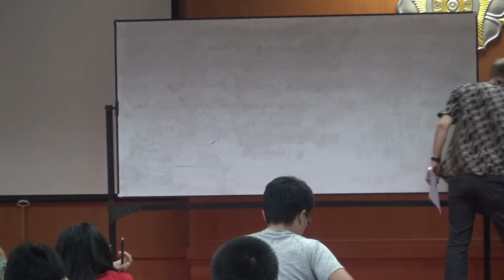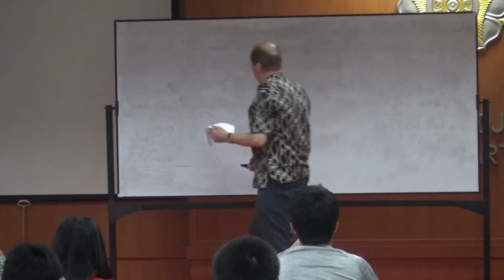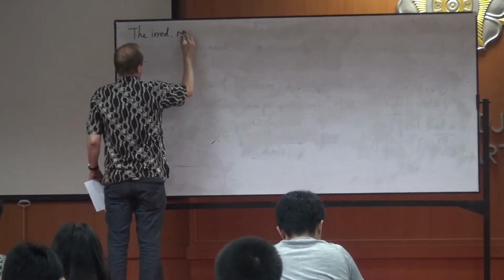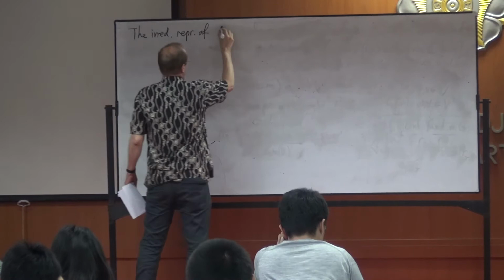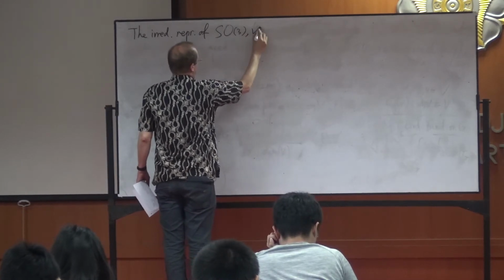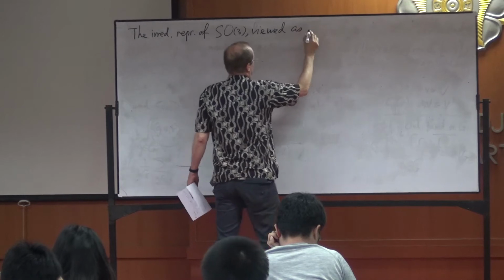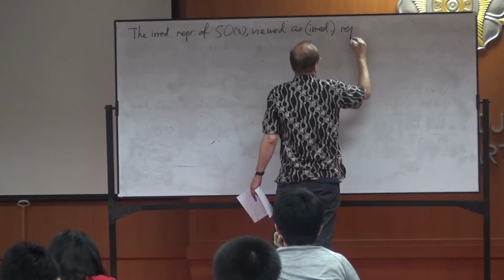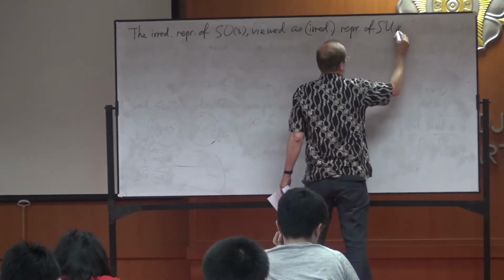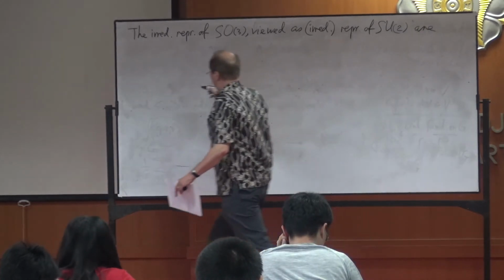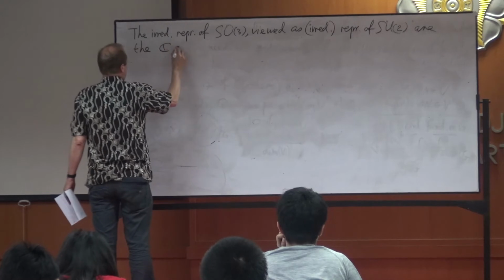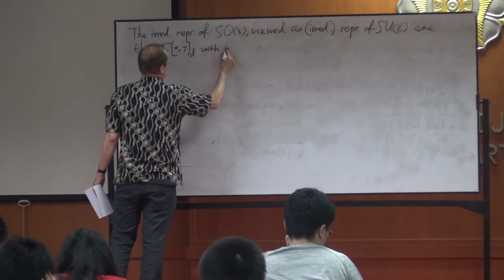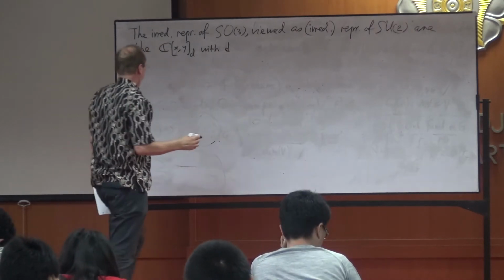So the irreducible representations of SO3 viewed as irreducible representations, well, they are automatically irreducible then, representations of SU2 are the C[x,y]_d with d even, right?